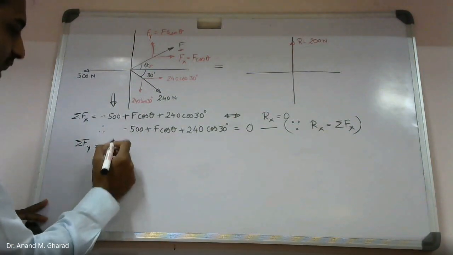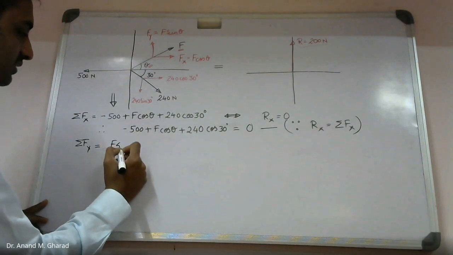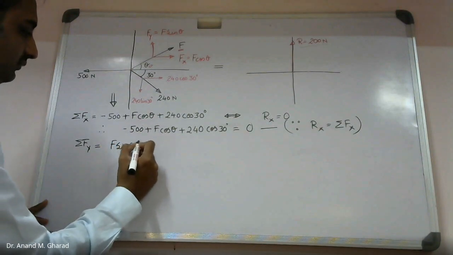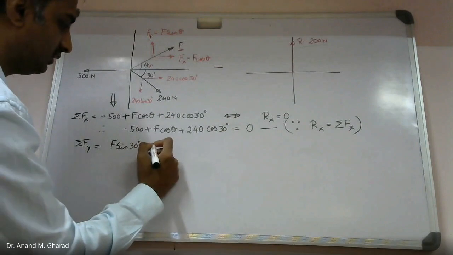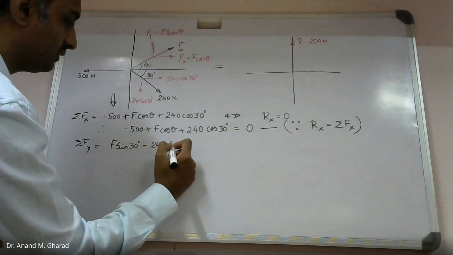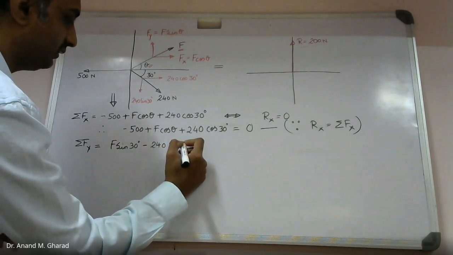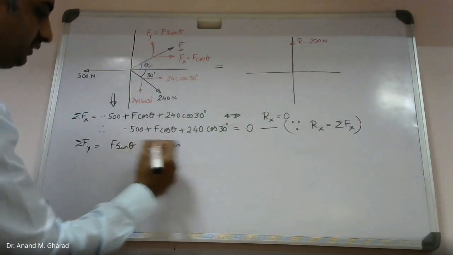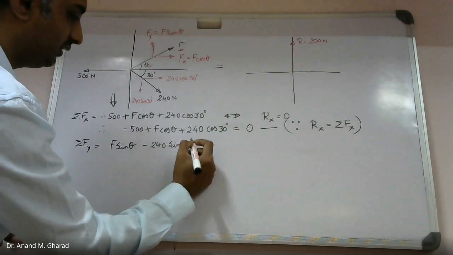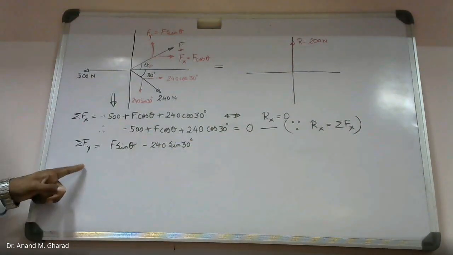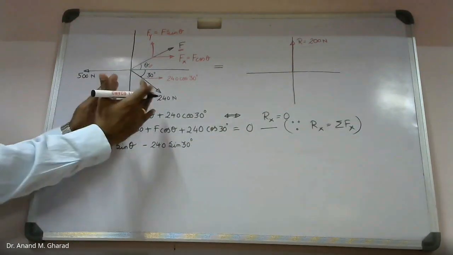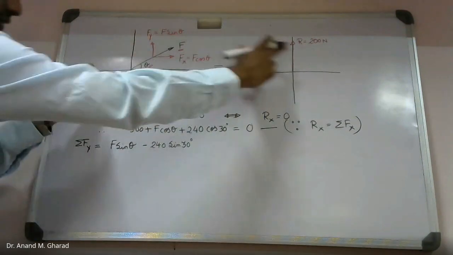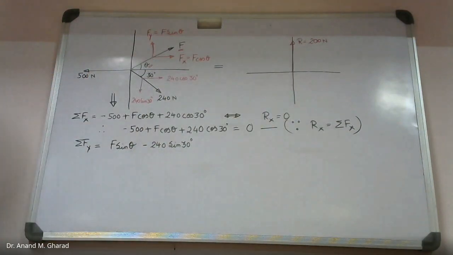So I will write them: F sin theta minus 240 sin 30. My mistake, this is sin theta and this is sin 30. This is the left hand side of this complete figure, right?